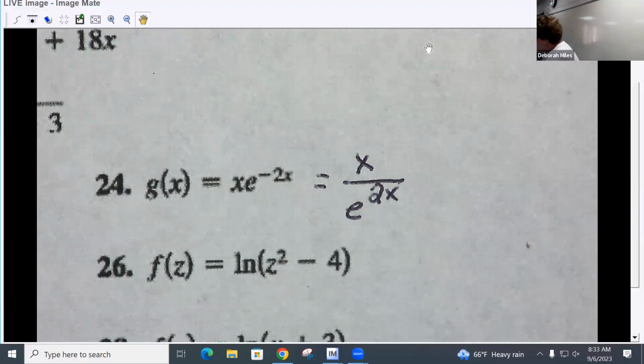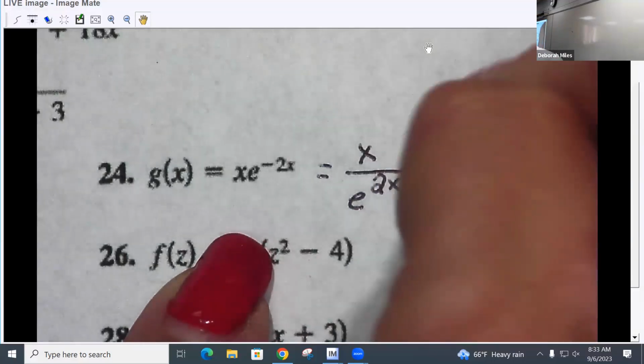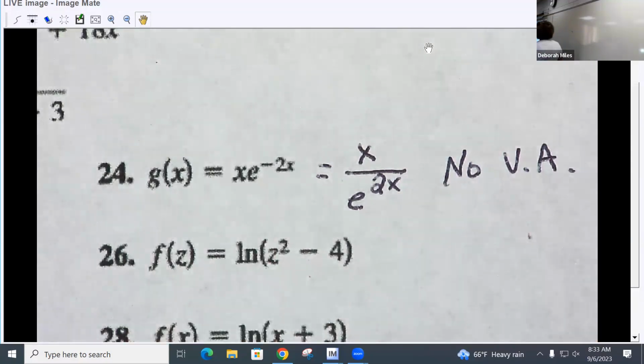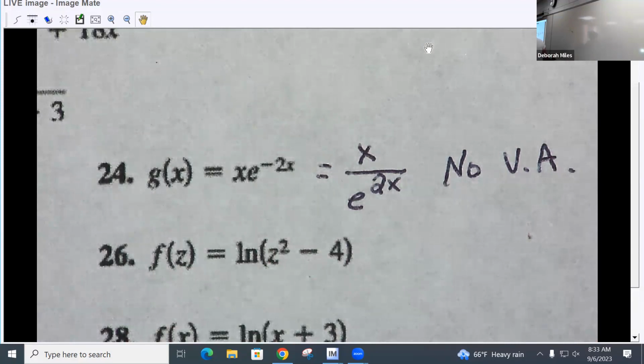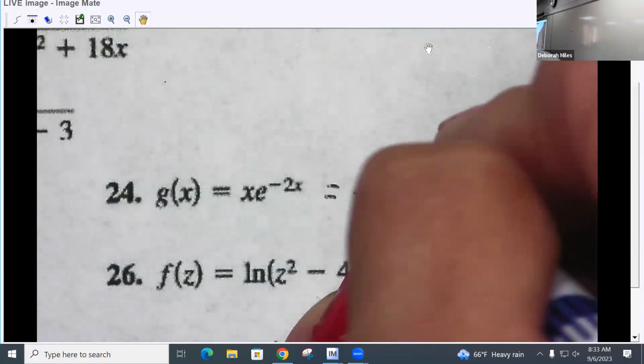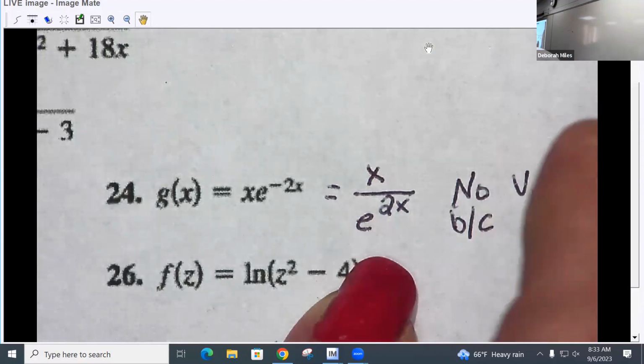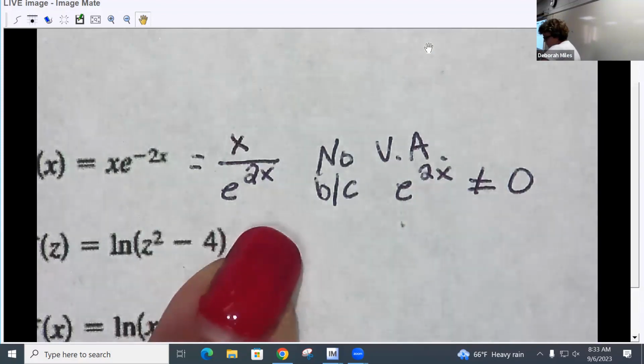So what does that tell you? No vertical asymptotes. Remember what the question is asking us for: vertical asymptotes. And there's not one, because e to the 2x doesn't equal 0 for any value of x.